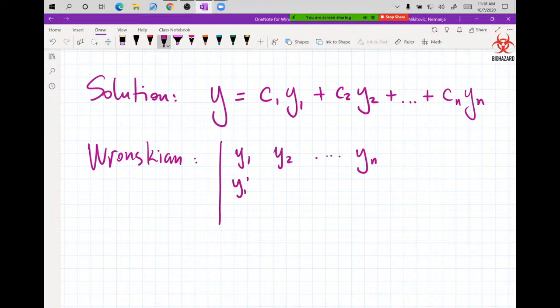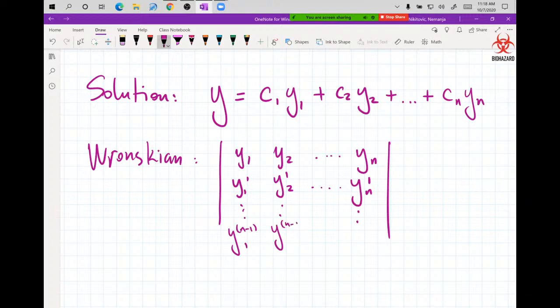Then you have your primes, and that goes down, and this needs to be a square matrix. So you are going to have the (n minus 1)th derivative of y1 up to the (n minus 1)th derivative of yn.